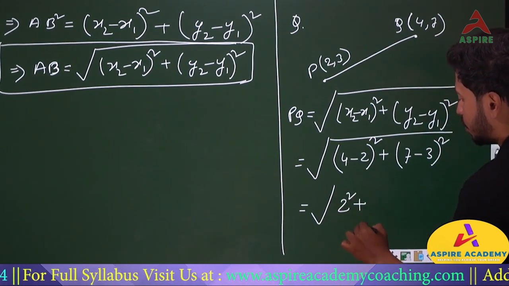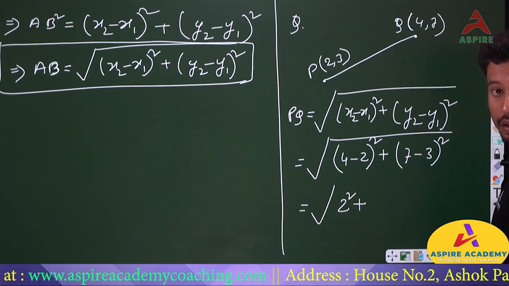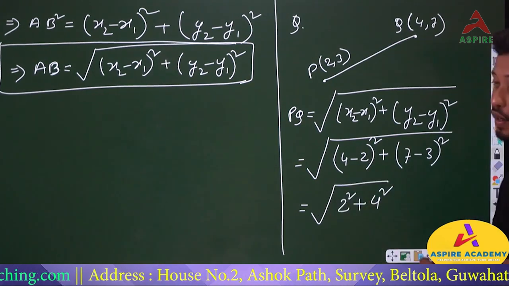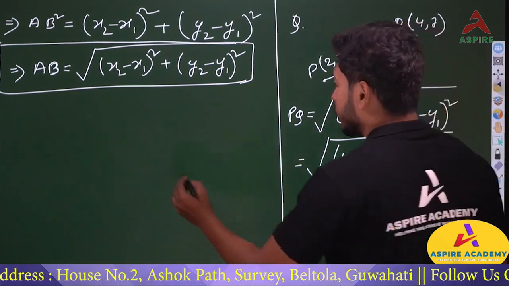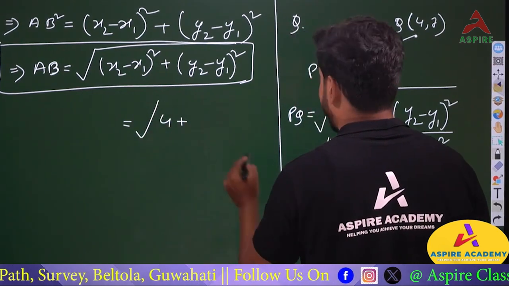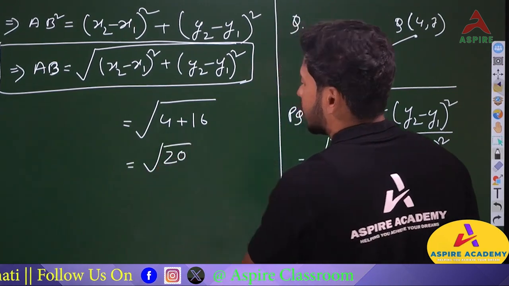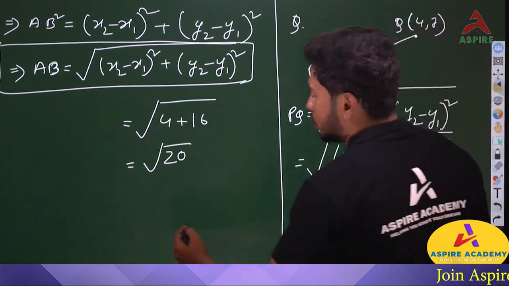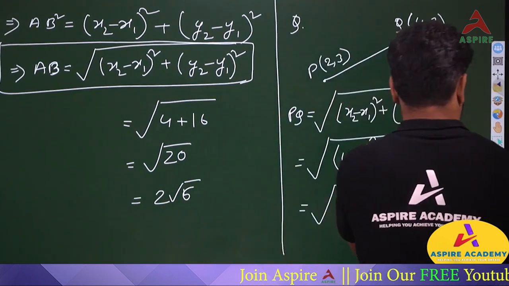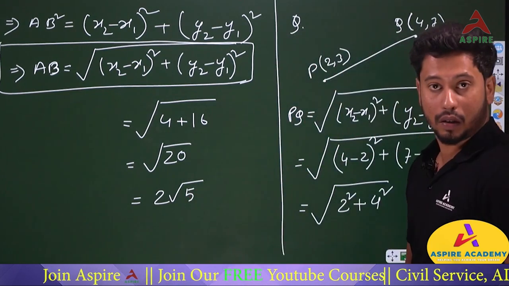This will be 2 square plus 4 square, which is 4 plus 16, so root over 20. Root over 20 we can say is 2 root over 5.